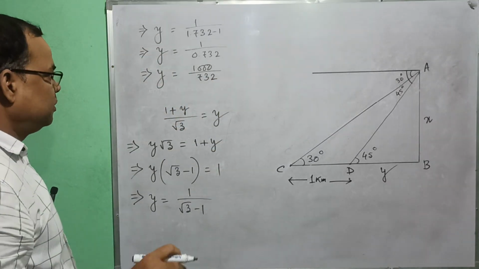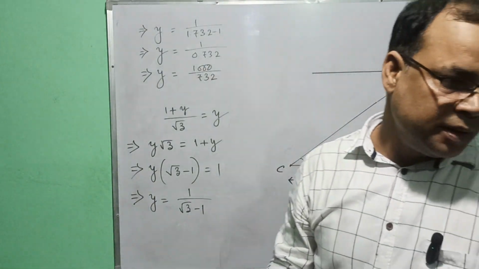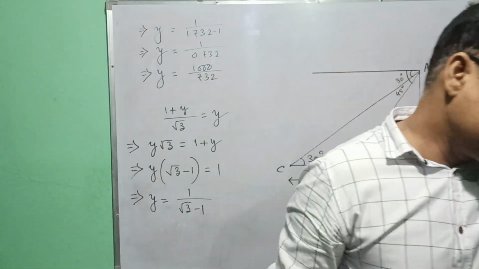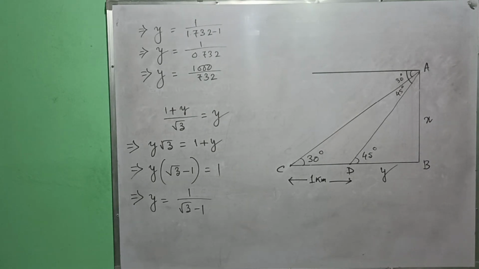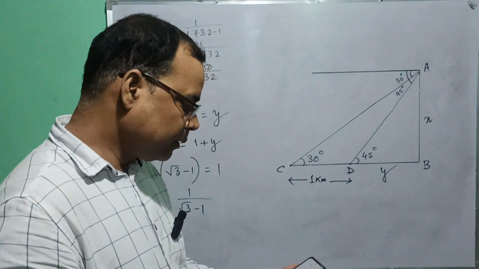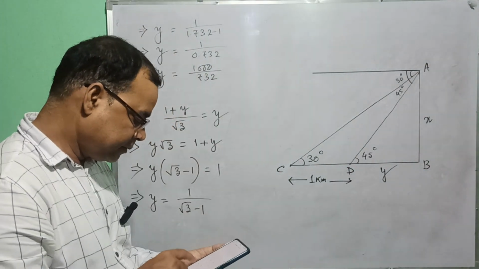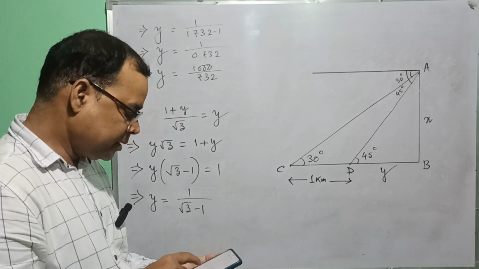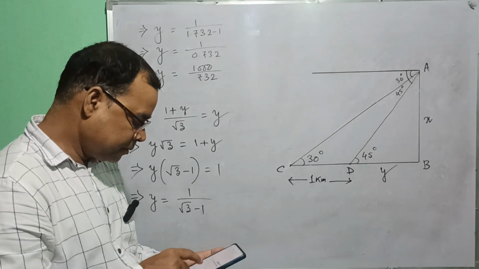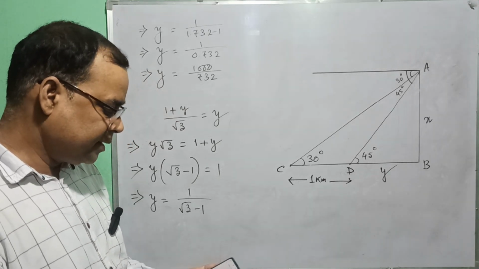For time saving, I'll do it in the calculator. 1000 divided by 732 gives us 1.366120.